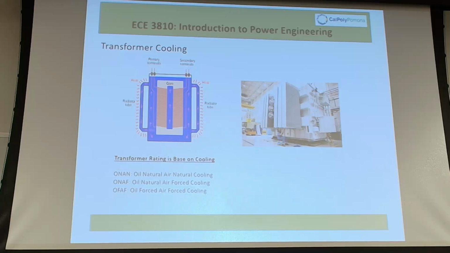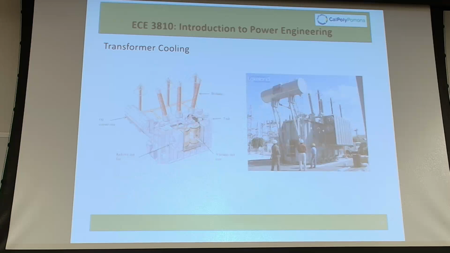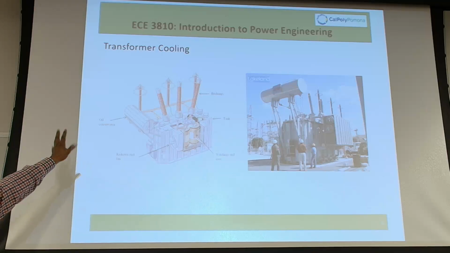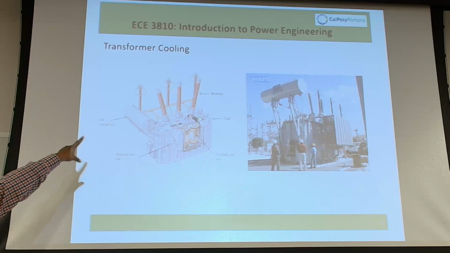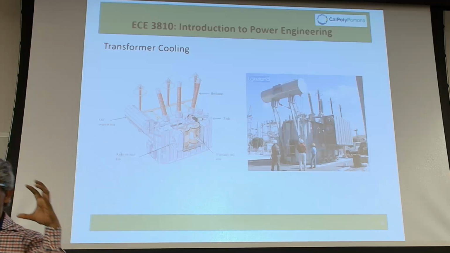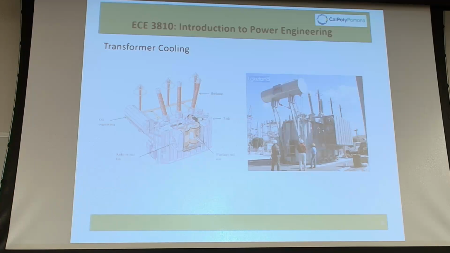Let's see. So that's cooling. I have better slides for this, but just to give you an idea, some of the main parts are obviously the bushings and the oil reservoir. If you were to have an oil leak, you want to make sure you have enough oil so that the tank is always full.